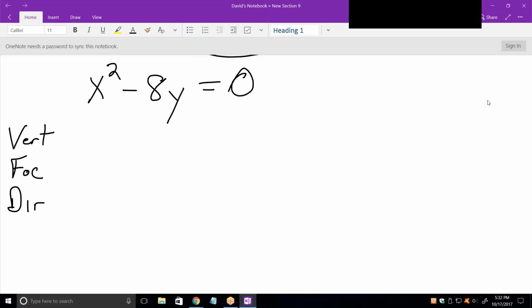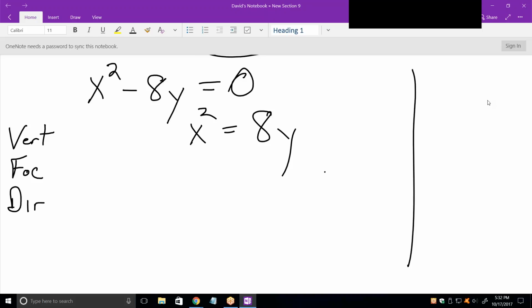This is the same kind as you've studied for 2 years. It's always y equals x squared, right? Well, that's the format of this. If I put the y on the other side of the equation, I got x squared equals 8y. That is a vertical parabola. And I know that it opens up. Furthermore, what's the vertex? Let's talk about the standard format.